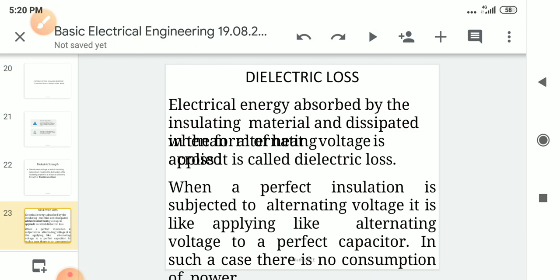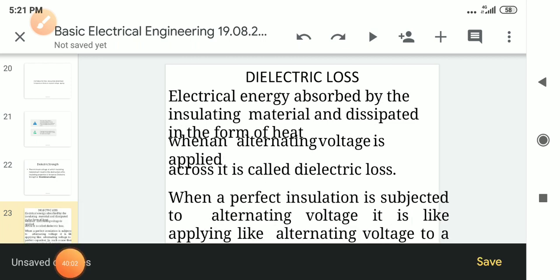Next, dielectric losses. Electrical energy absorbed by the insulating material and dissipated in the form of heat.